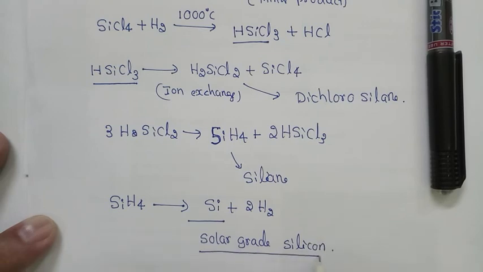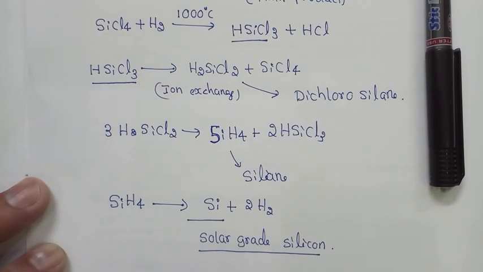Now this solar grade silicon or semiconductor grade silicon: the production of this ultra pure silicon by passing through a heated silicon rod at its melting point is called the zone refining process.